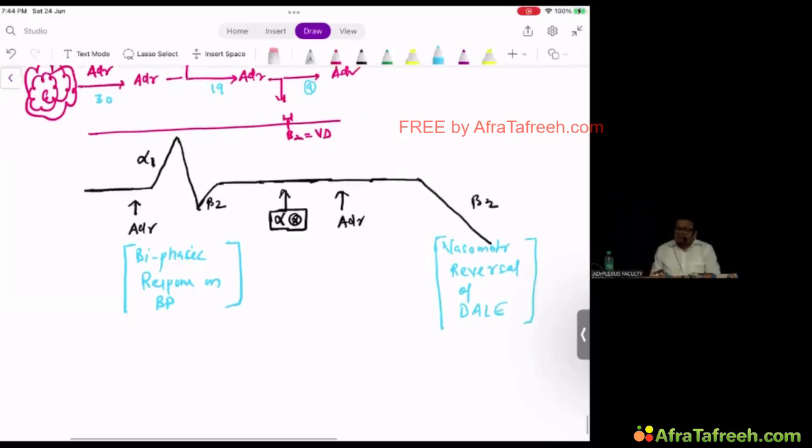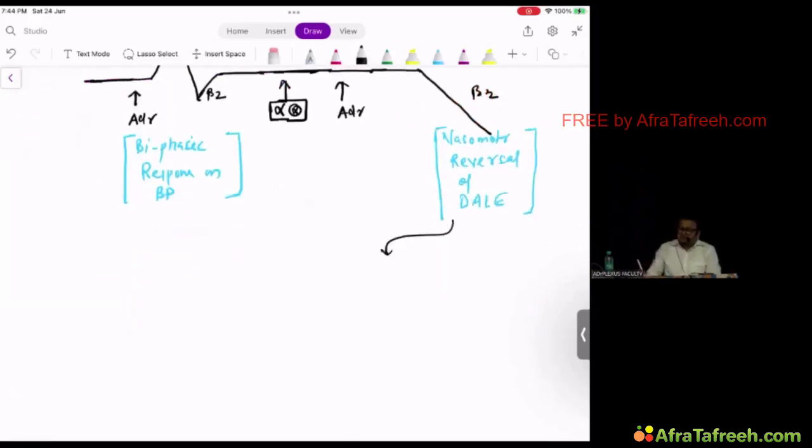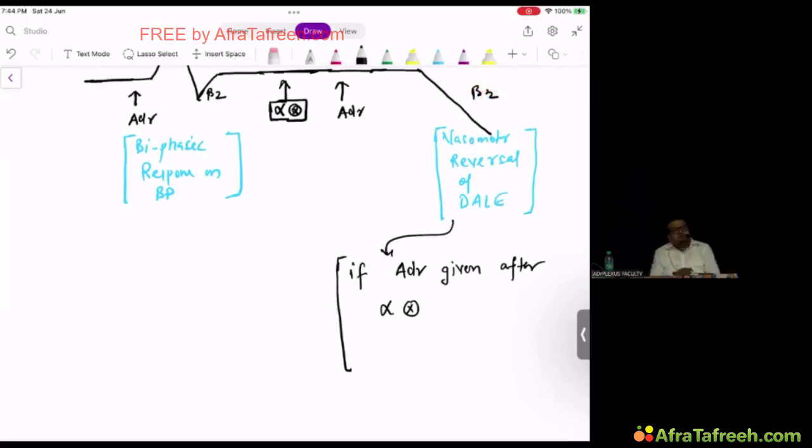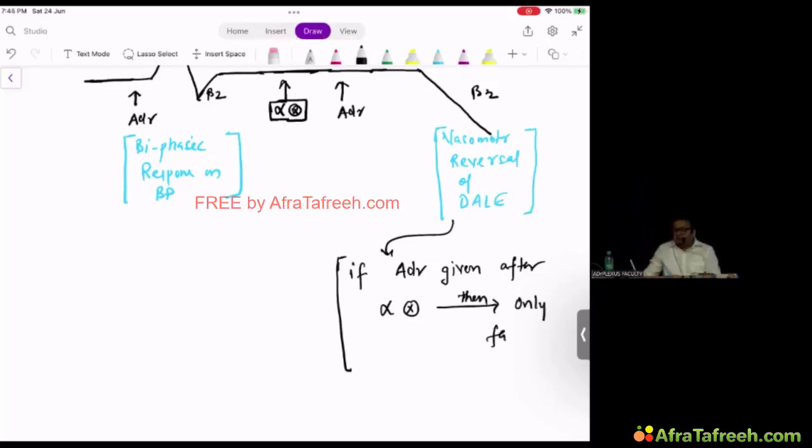What is this vasomotor reversal of Dale? It says that if adrenaline is given after an alpha blocker, so try to understand, if adrenaline is given after an alpha blocker, then instead of biphasic, it produces only a fall in BP.